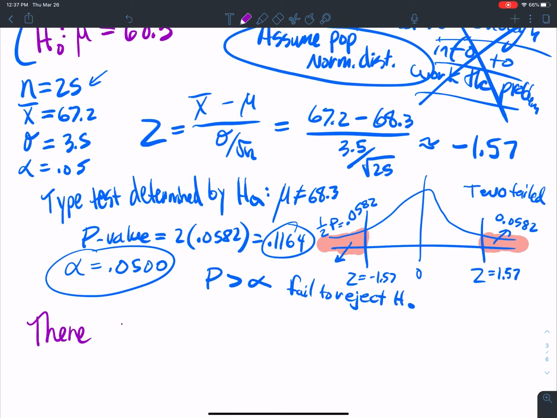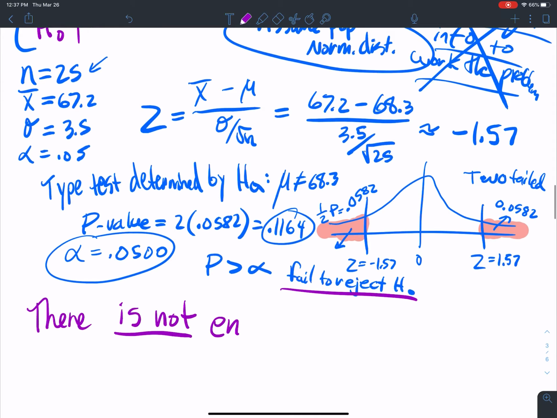Okay? So what does this mean in English? There is not. Why do I say is not? Because I failed to reject. There's not enough evidence. Your Honor, the prosecution did not bring forward enough evidence to solely convict Mr. Clark of the crime. Therefore, we must acquit. Correct? Right? Yeah, okay, all right. Sorry, I went on a little tangent there.